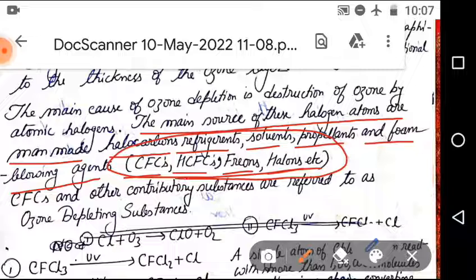On the other hand, the harmful ultraviolet rays of the sun are breaking the ozone layer. Okay, that's not a problem, because at the same time formation is occurring. But due to the interference of human beings, these ozone depleting substances are also breaking the ozone. So the rate of breaking the ozone becomes greater than the rate of formation, and that's why ozone depletion is occurring.